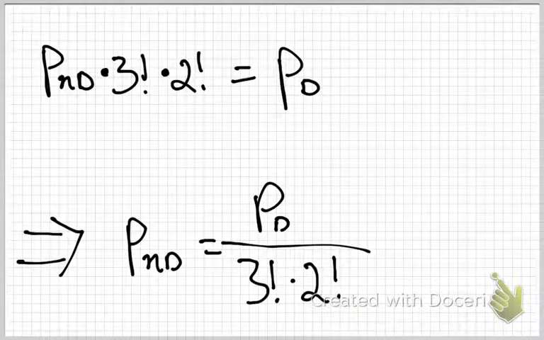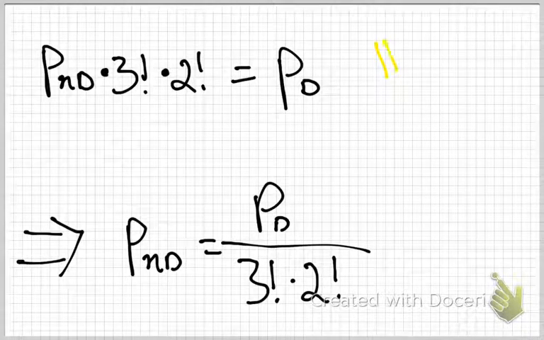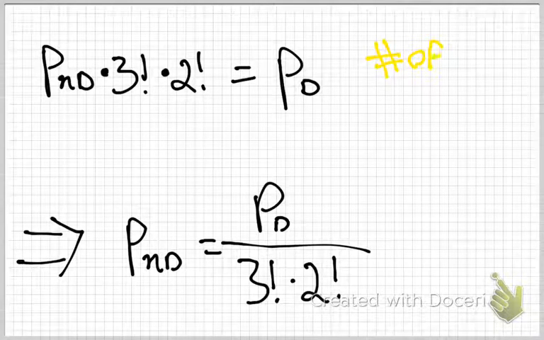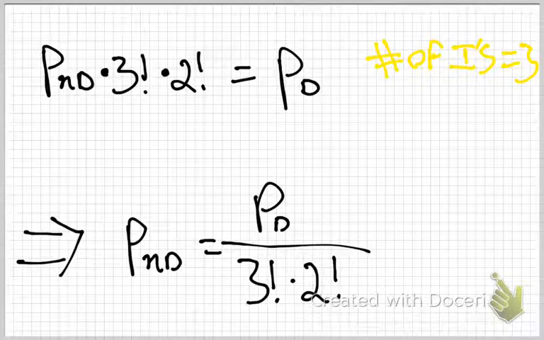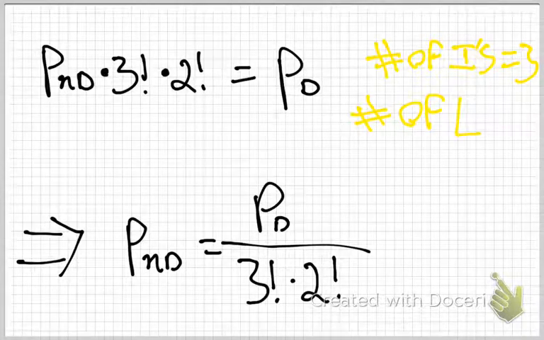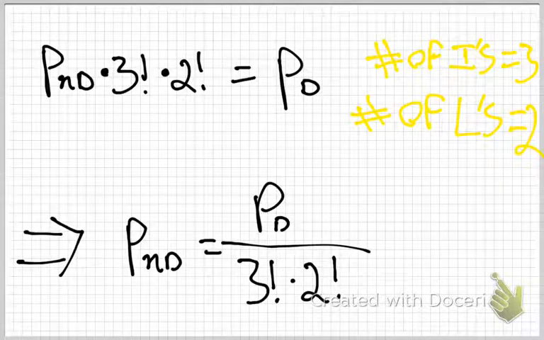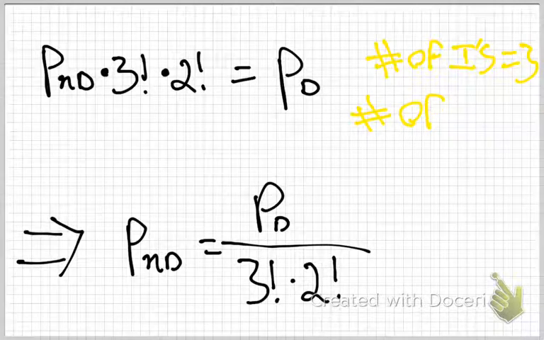Now, this is a specific case. In this case, we had 3 I's, so the number of I's was equal to 3, and the number of L's was equal to 2. That was this specific case.